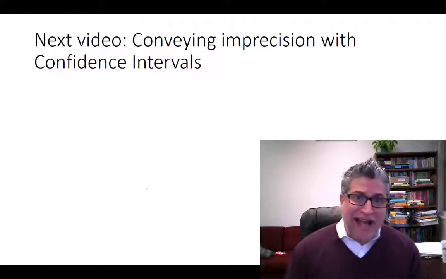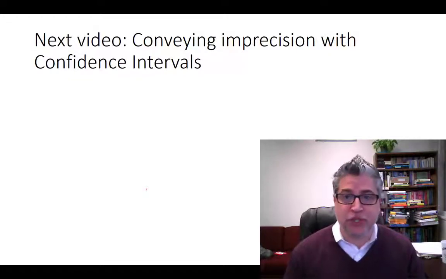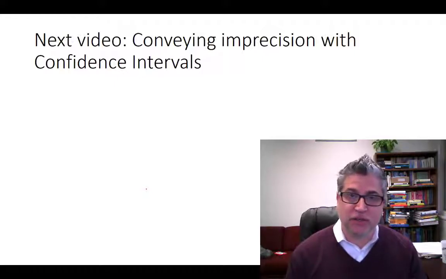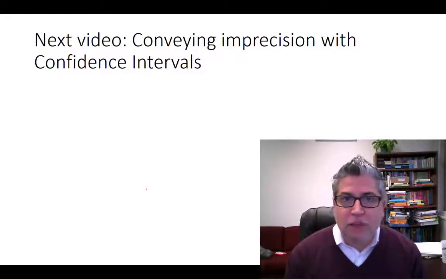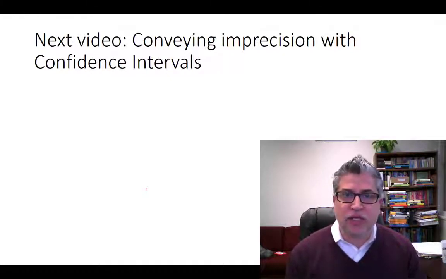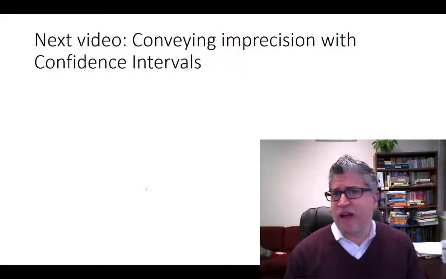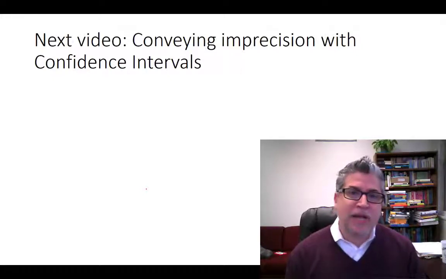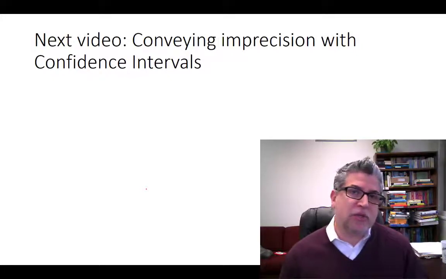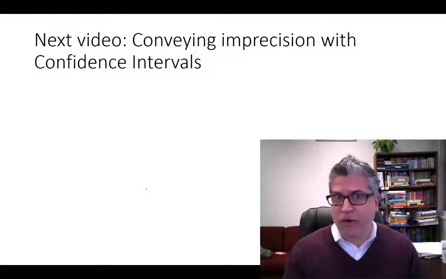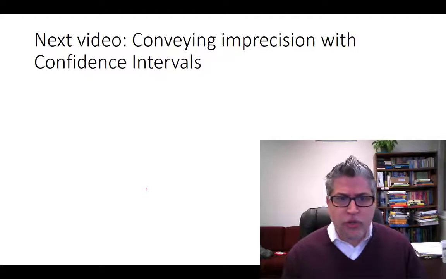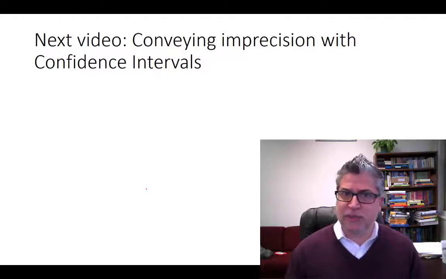Now finally, how can we convey the amount of precision or imprecision? In the next video, we're going to talk about constructing confidence intervals. Now what that means is, I want to know what the sample income is in the United States, and you draw a sample and you say, I think it's 25,000. But now we want to convey the imprecision, and we can do that by either saying what the standard deviation is, your standard error, because you're talking about averages, or you could just give me a range of plausible estimates.